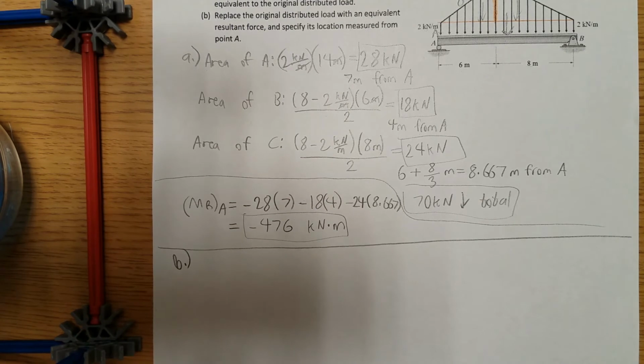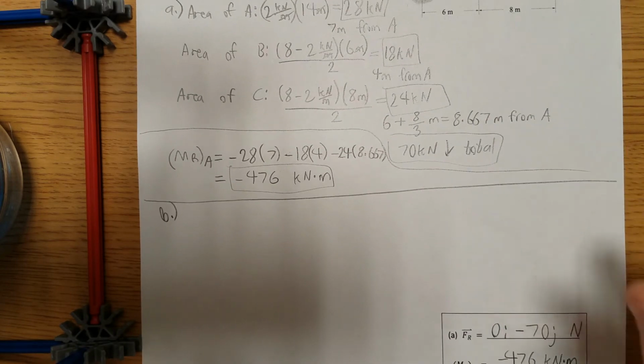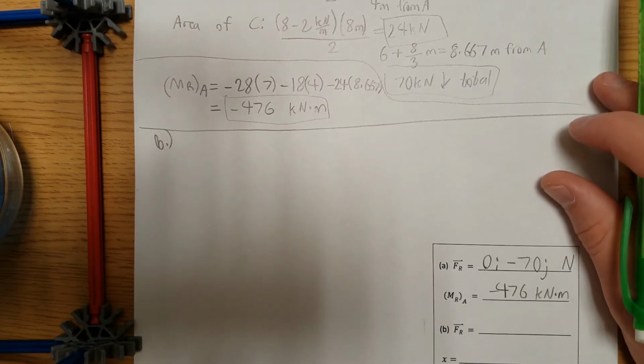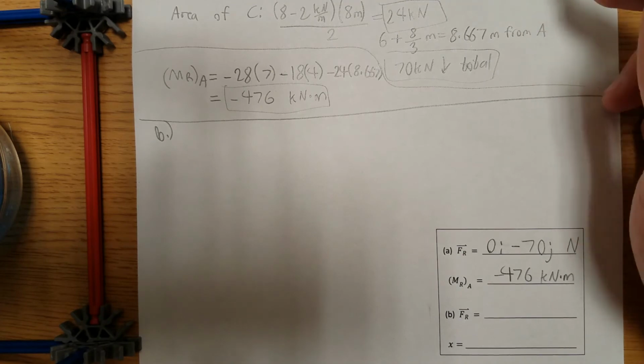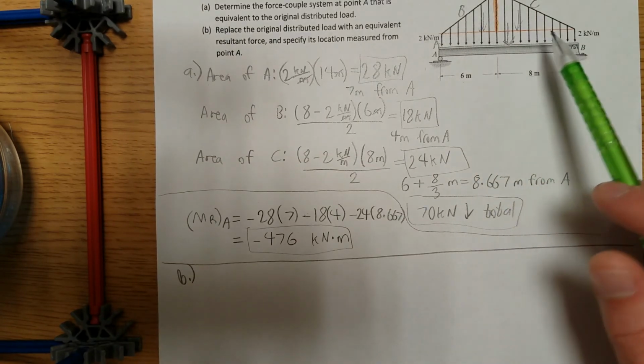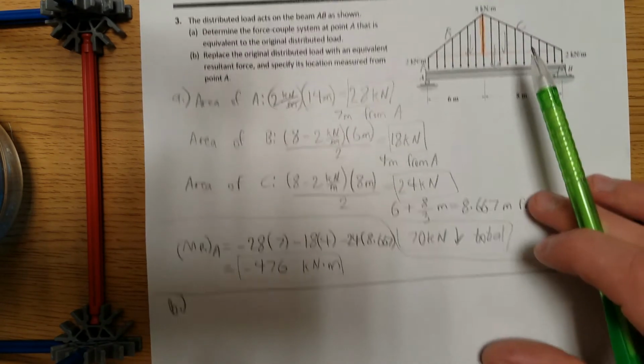Now we can start at part B. Part B says replace the original distributed load with an equivalent resultant force and specify its location measured from point A. As far as I can tell, this is going to be the same force that we had from part A, because it's basically just asking the total force of this distributed load and the moment being caused by it.